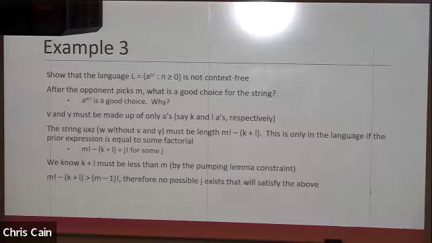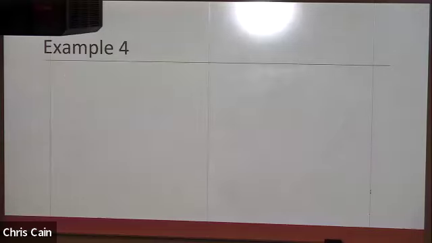Maybe one more mathematical example, since those tend to show up on things. A to the n, b to the j, such that n is equal to j squared. Again, let's think intuitively first.